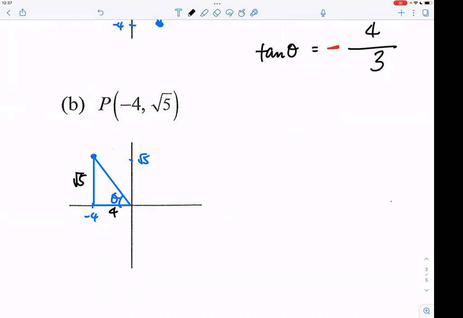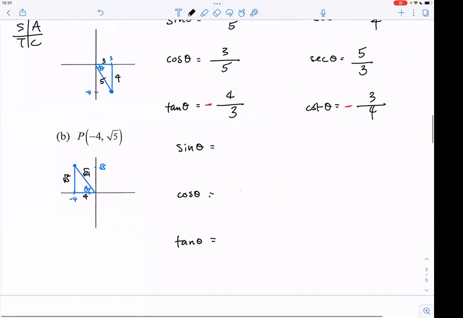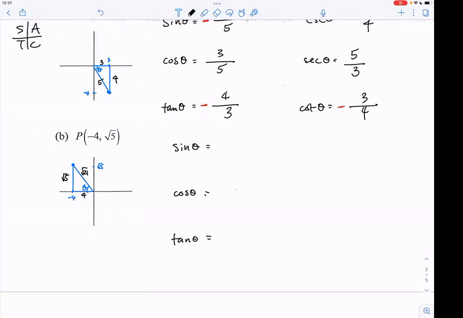Now, I hope by seeing the square root, you may sense something is coming. What is this something? Yeah, you may need to rationalize it. It's not something that's pleasant, but yeah, it happens. Okay, so it's in quadrant 2.